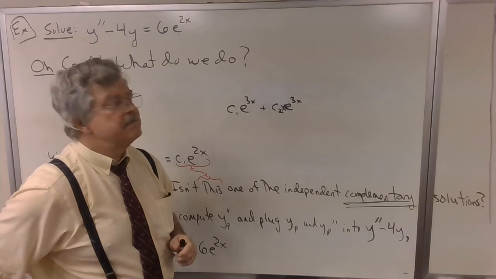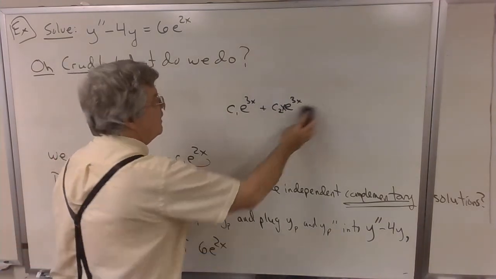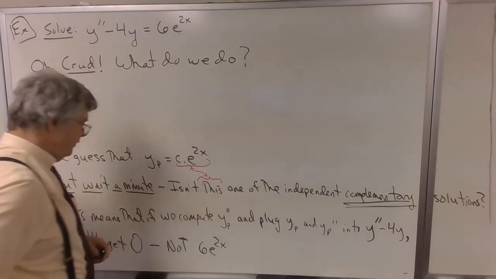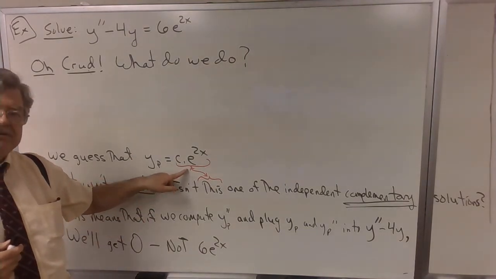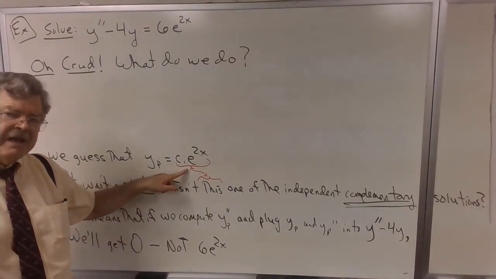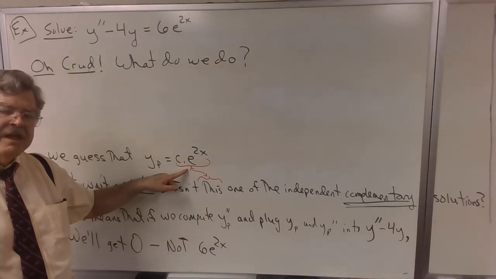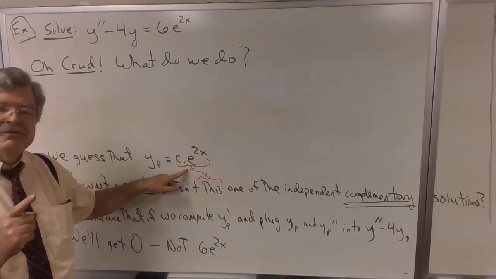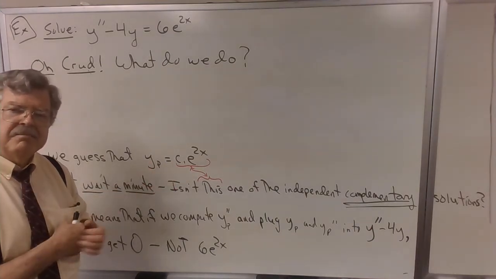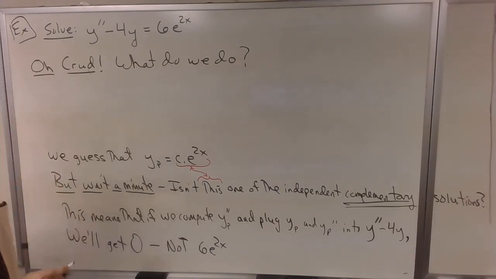Well, you know what? If we have this situation where our proposed particular solution is actually one of the independent solutions, we get the particular solution by multiplying by x. It actually works.